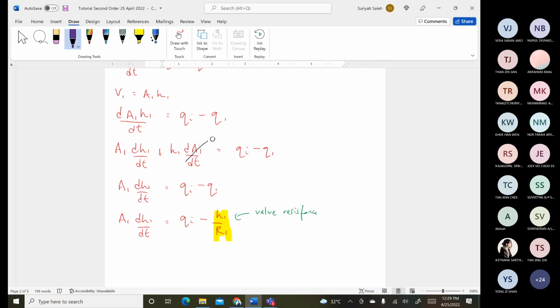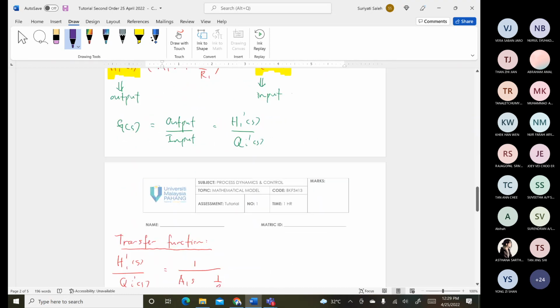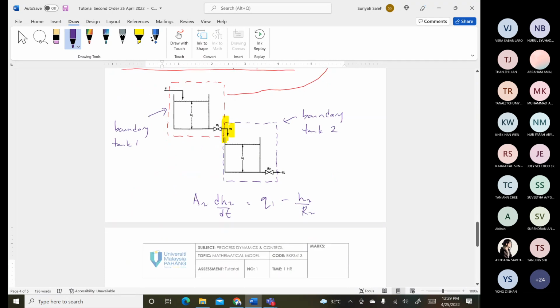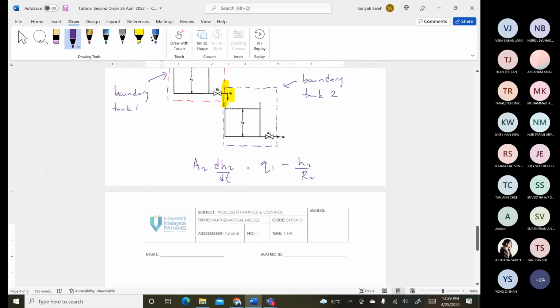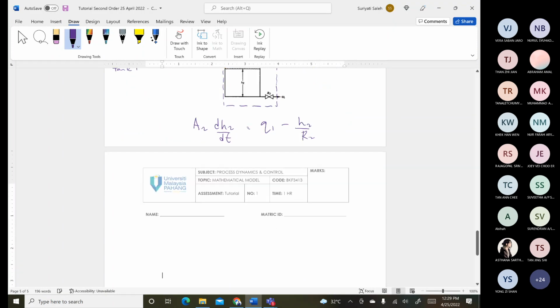The main difference is the labeling, where this one is labeled for tank number 1, and this one is labeled for tank number 2. So what I want to show here is that in the end we will get a similar form of transfer function.